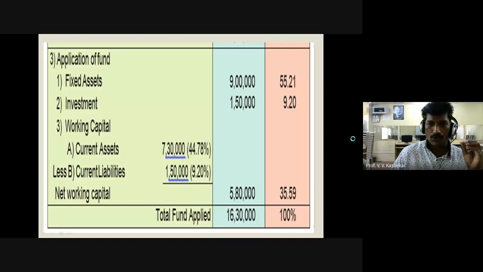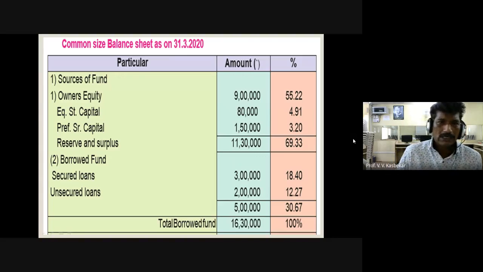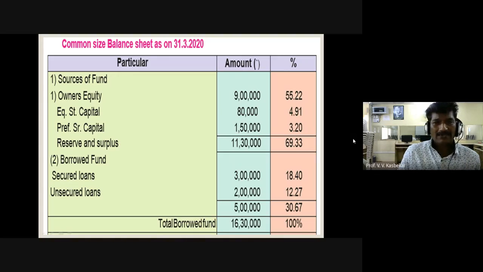Okay, so in this manner, with the help of this formula, we have to find out the percentage of all the items. Okay, we already found out about owner's equity. The percentage we got is 55.22% if we see it with the total borrowed funds. Okay, now if we see preference share capital and equity share capital, it is 80,000.